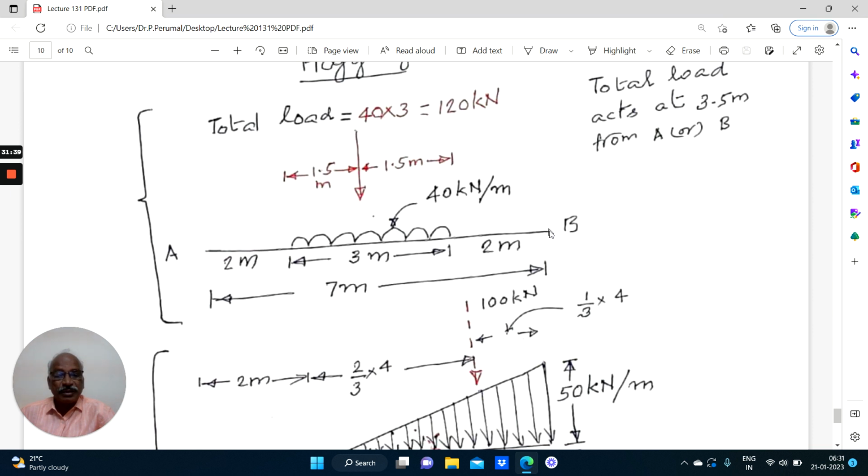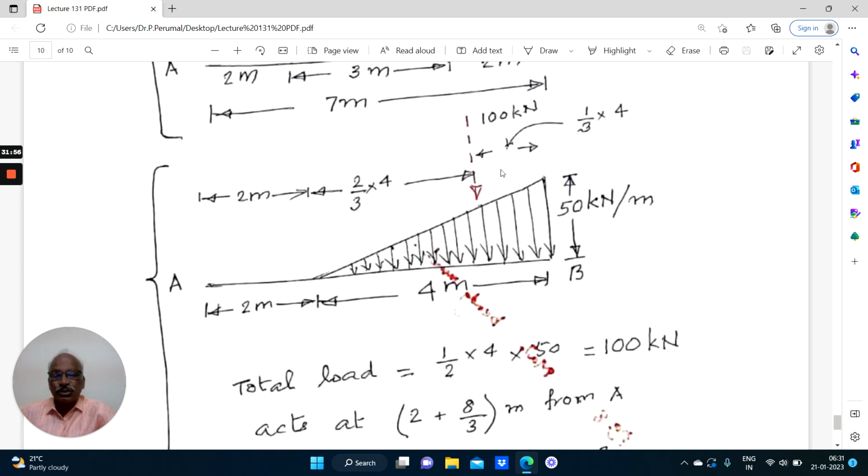So the bending moment due to this loading about this point B will be 120 into 3.5, 2 plus 1.5, 3.5, force into perpendicular distance. So this concept we will be using throughout.